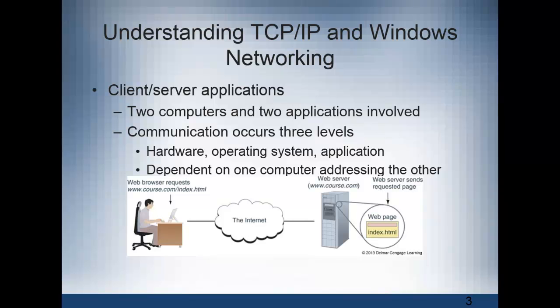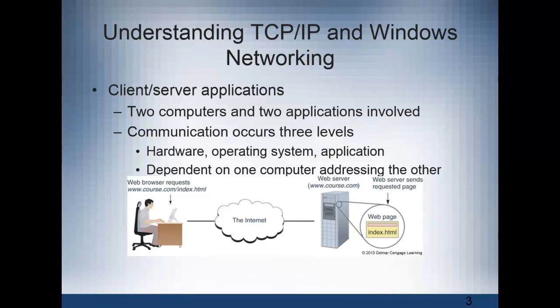We call these protocols. Then one computer takes on the role of making requests from the other computer. A computer making a request from another is called the client, and the one answering that request is called the server. Most communication between computers on a network or the internet uses this model we call the client-server model.